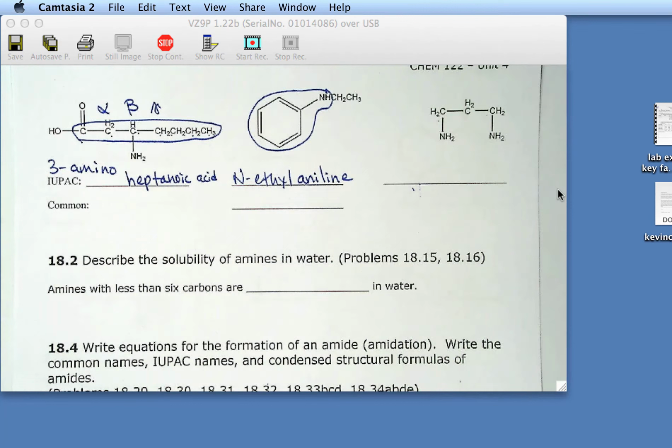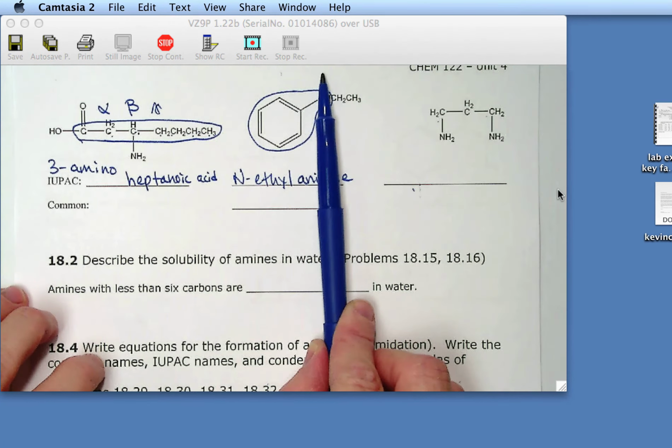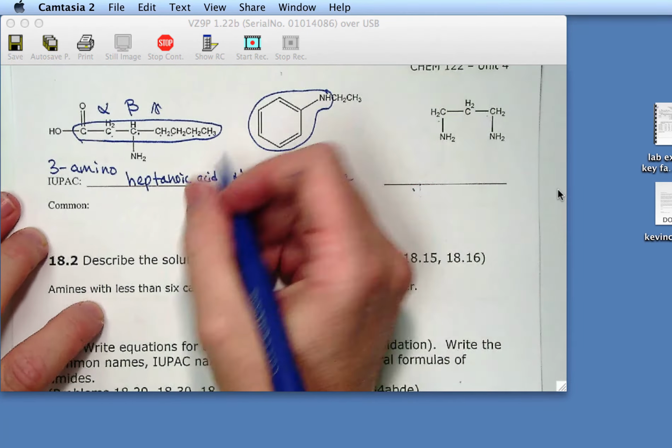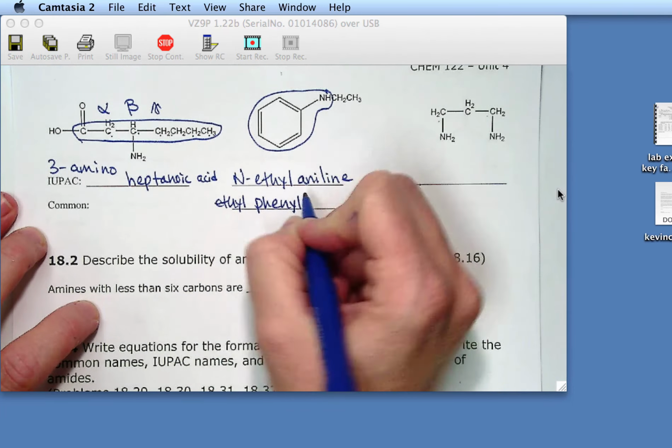Common. This is where I'm going to sell you on common. Try. Cover up that NH. What are your alkyl groups? Ethyl and phenyl. Ethyl phenyl amine.